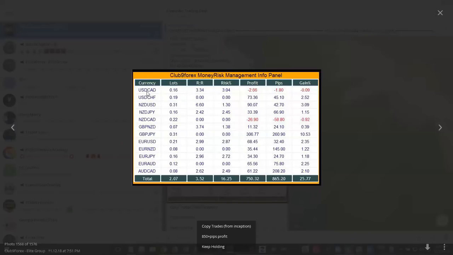It will give you all the positions you have taken, the lot size, the risk reward for that position, how much risk you took. For this one, I took 3%. For this one, I took 1.3%. When you move your stop loss to break even, it means you don't have any risk anymore. That's why you will see 0 right here. Then it will let you know how much profit you're making in dollars, how many pips you're making, and the percentage of gain you are at as at any particular point in time.